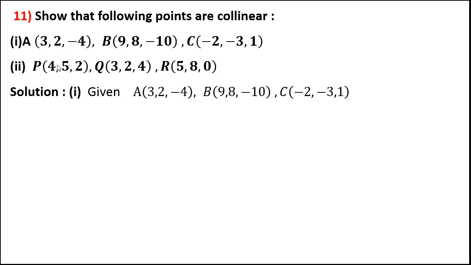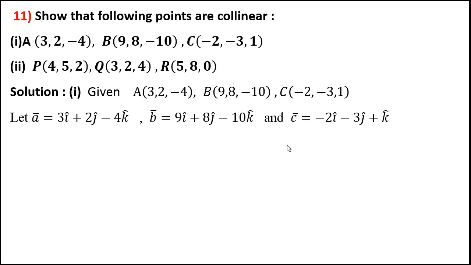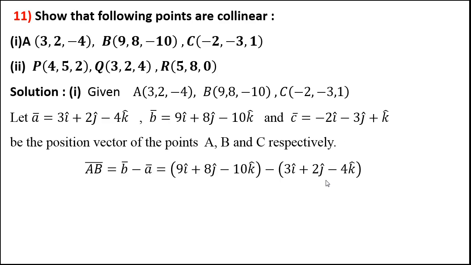So in first problem, points are A, B, C, and these are coordinates of points. We write their position vectors. Position vector of A having coordinates 3, 2, minus 4 is written as 3i plus 2j minus 4k, and similarly position vectors of B and C are written. Now we write AB bar.